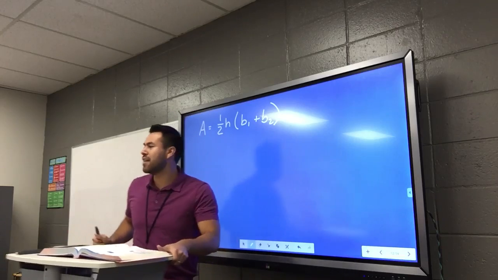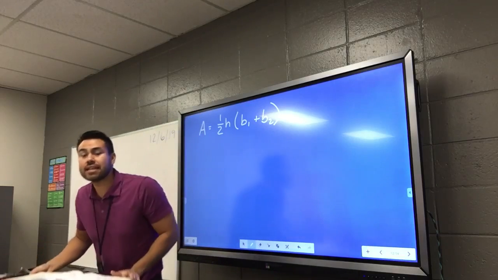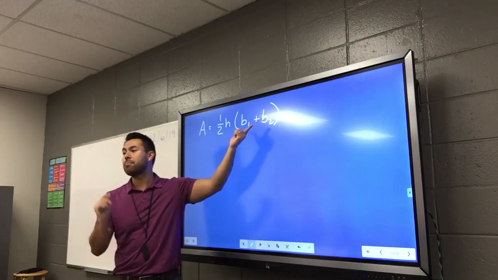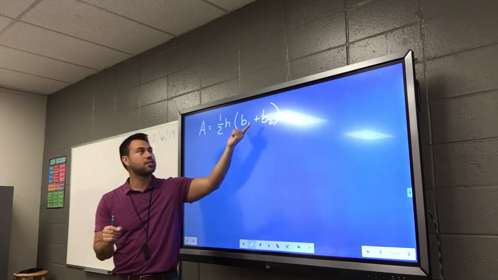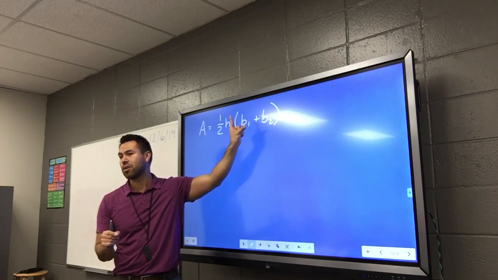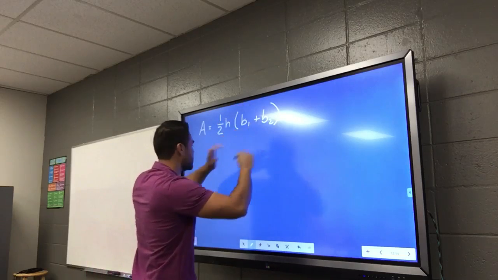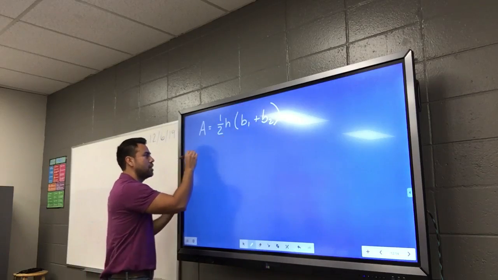Which one is on the bottom? It doesn't matter, and here's why. B sub 1 plus B sub 2. Do you really have to add in that order? No. Because of what property? The commutative property. It doesn't matter which one you put where, but one of them's the first, one's the second. All right, let's fill in the numbers.